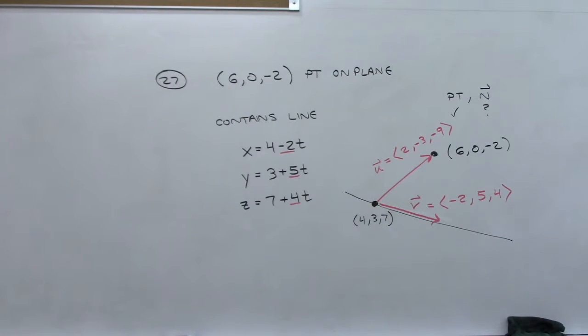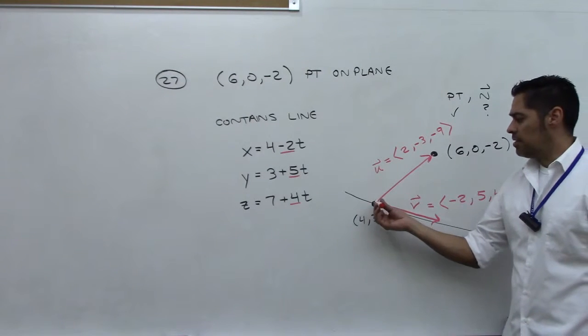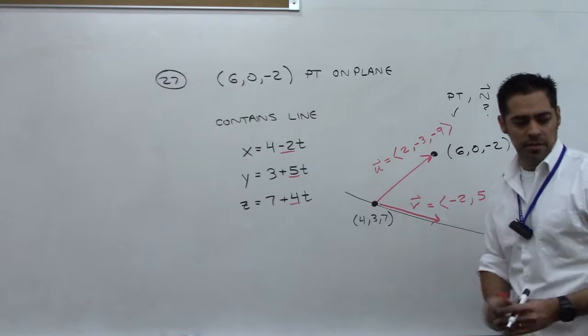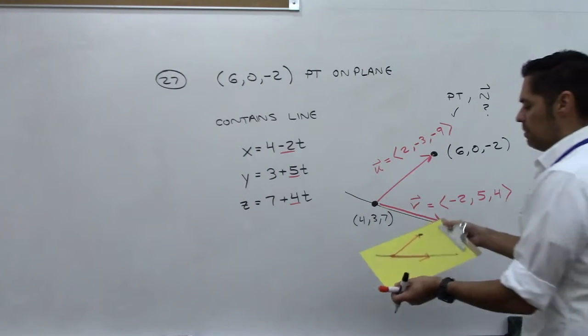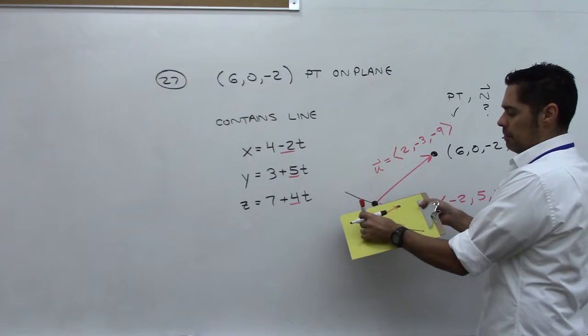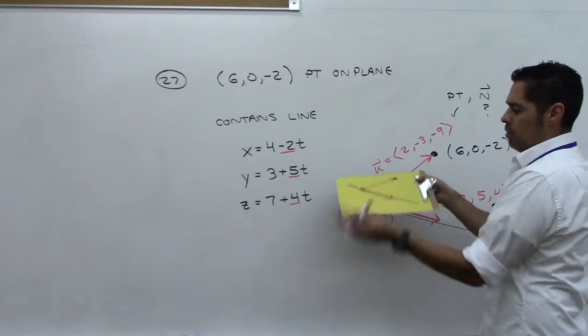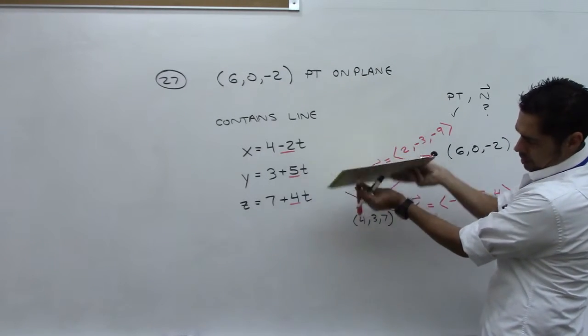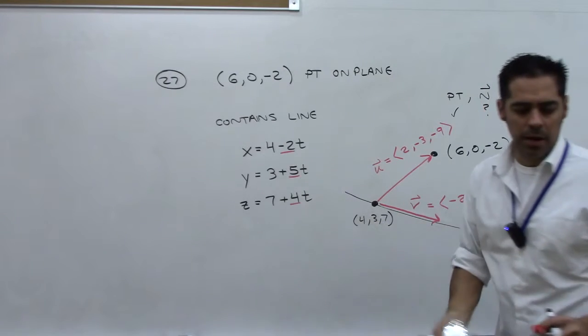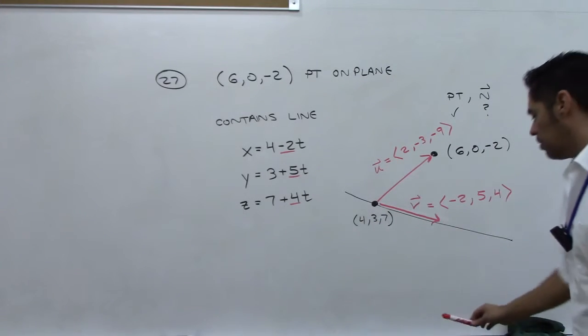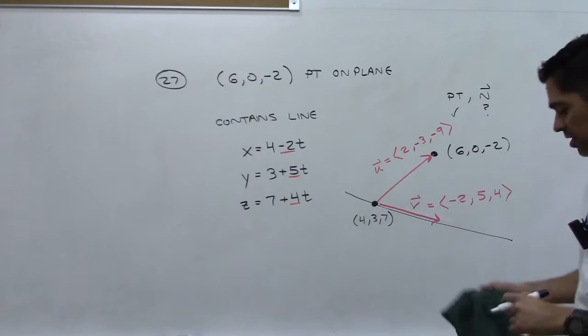So if I take u and I cross it with v, it's going to pop me out a perpendicular vector to both. That vector is either going to stick out like this or it's going to stick in. Depending on the order I do it, it's either going to be sticking out of the plane or it's going to be perpendicular but sticking out the bottom like this. Doesn't matter, they're parallel. And normal vectors, doesn't matter which side it's pointing out.